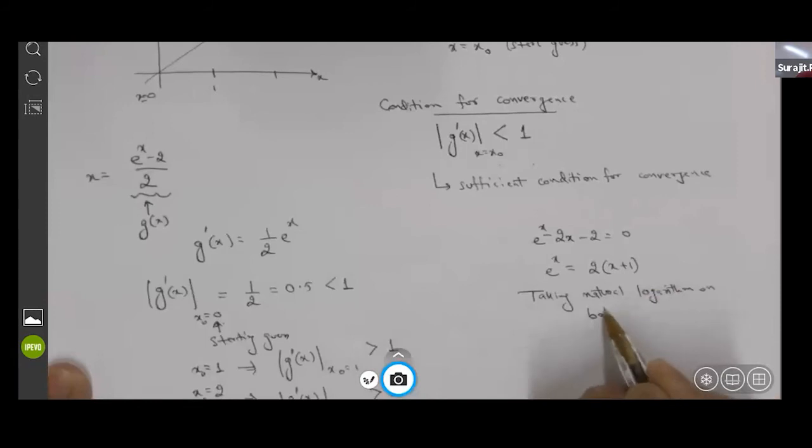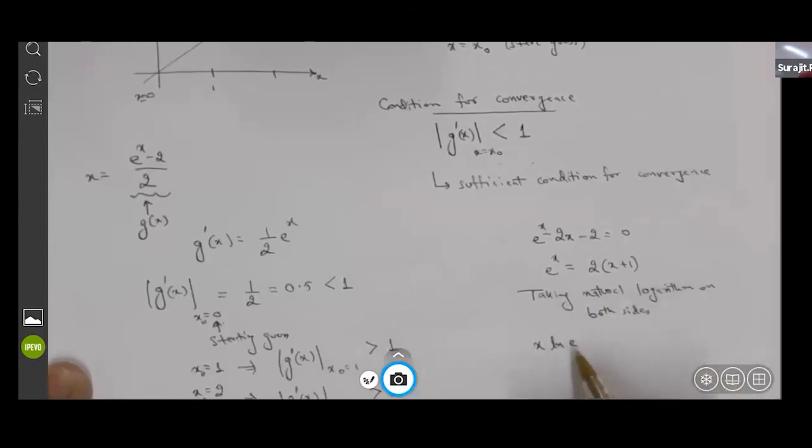What I get is x times ln of e, the natural logarithm of e, that is 1, equals natural logarithm of 2 plus ln of x plus 1.